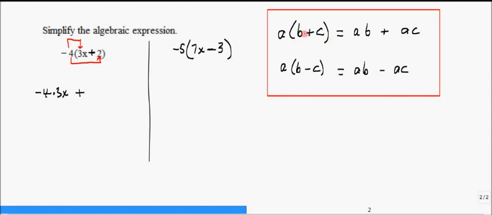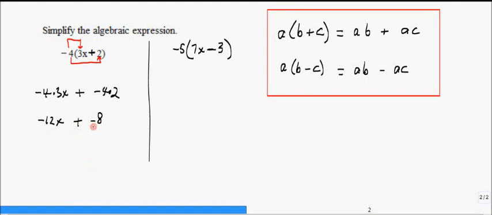The plus that was inside the parentheses, I'm just carrying it down. And then I take the negative 4 times the positive 2. All right, so that's just exactly as it's written here, but I can simplify by writing negative 12x plus, and negative 4 times 2 is negative 8.